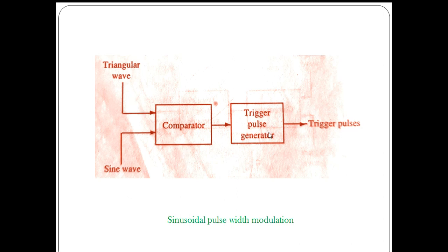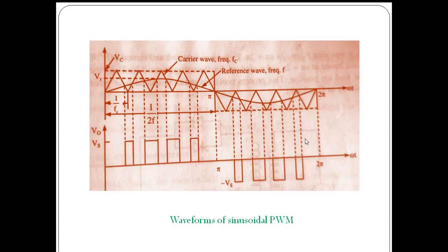During that portion we are generating trigger pulses using the trigger pulse generator, as the comparator activates it. We are going to see this operation. So these are the waveforms of sinusoidal pulse width modulation.